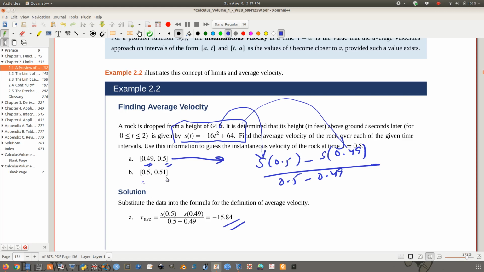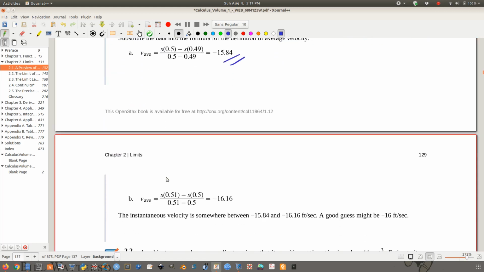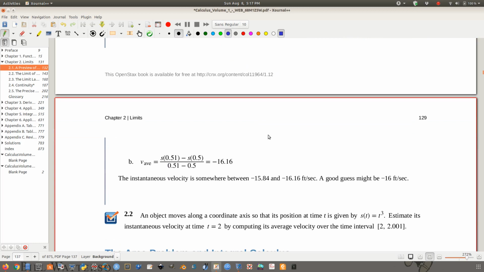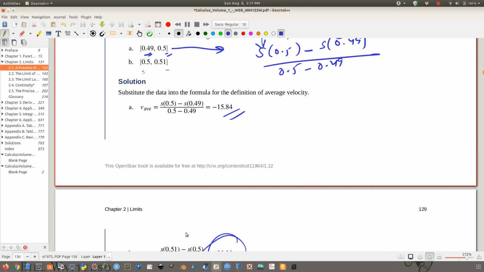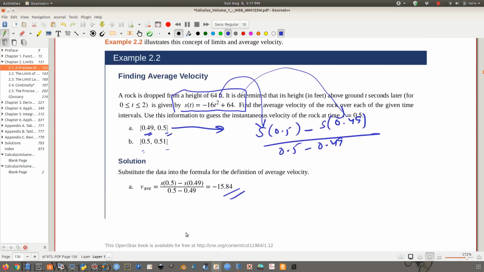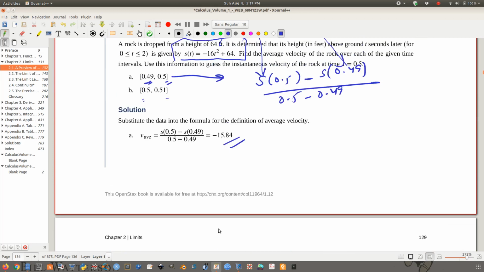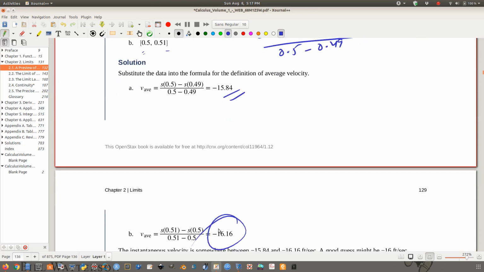And if you plug in this, you'll find out it is this one. So this is taking the average between 0.49 and 0.5 versus 0.5 to 0.51. If the speed was changing a little bit in that time, and it is, you can see that. So the average is somewhere between these two.